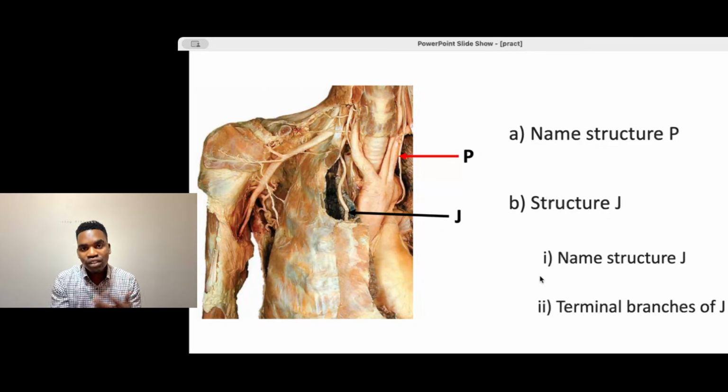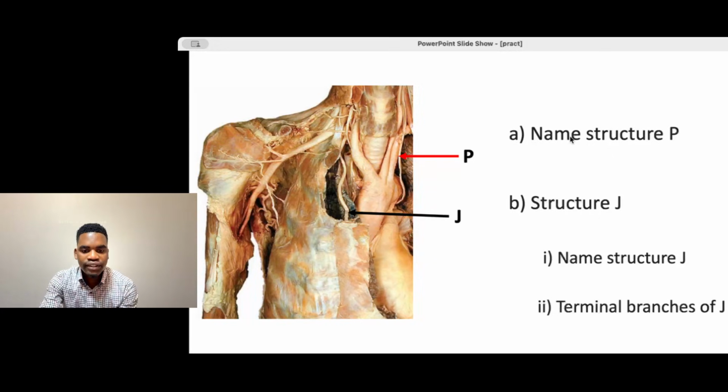A and B are not related, because P is a different structure and J is a different structure. But for something relating to J, if you fail the first part, you automatically get the second part wrong. This is why you have to be very careful.